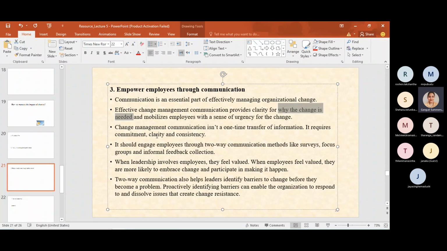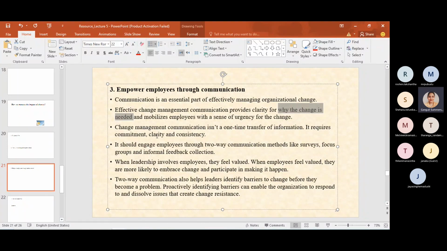Especially when you talk about the advantages of a change, it will make people motivated, because you are telling them the benefits they are getting in return as a result of this change. When people know the benefits they are getting, it makes them motivated.